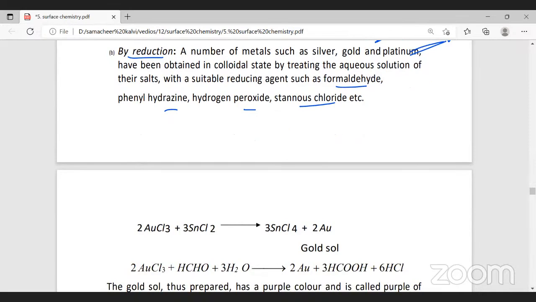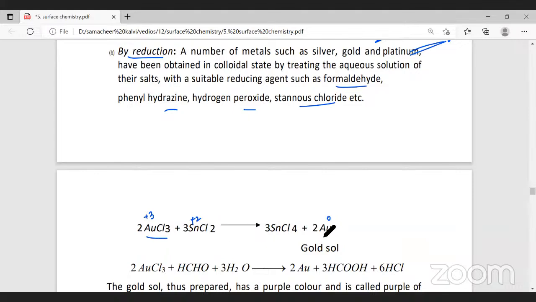A number of metals such as silver, gold, and platinum can be obtained in colloidal state by treating the aqueous solution of the salts with a suitable reducing agent. In auric chloride, gold is in +3 oxidation state. When this is allowed to react with stannous chloride, SnCl2, this auric chloride will be reduced to gold.